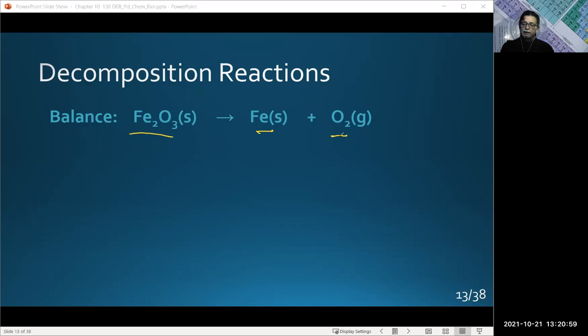All right, so we've got to balance it. Here we go again. We have an element all by itself, a monatomic element, so we leave that alone for last. Look at the other reactant, oxygen diatomic. Let's balance those. So we got 2 here and we got 3 here.